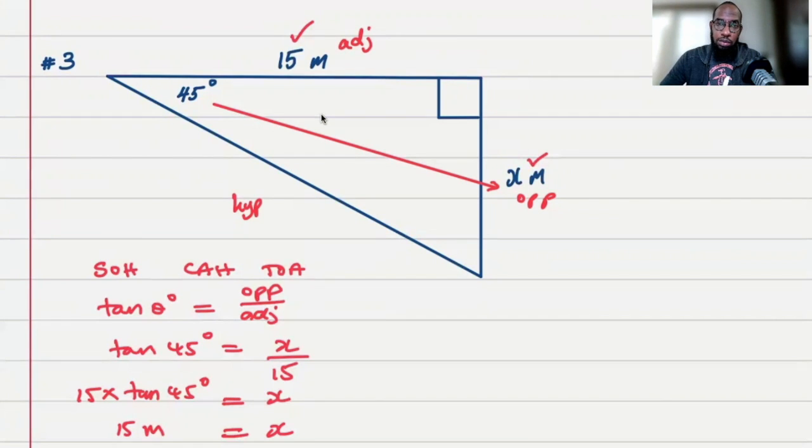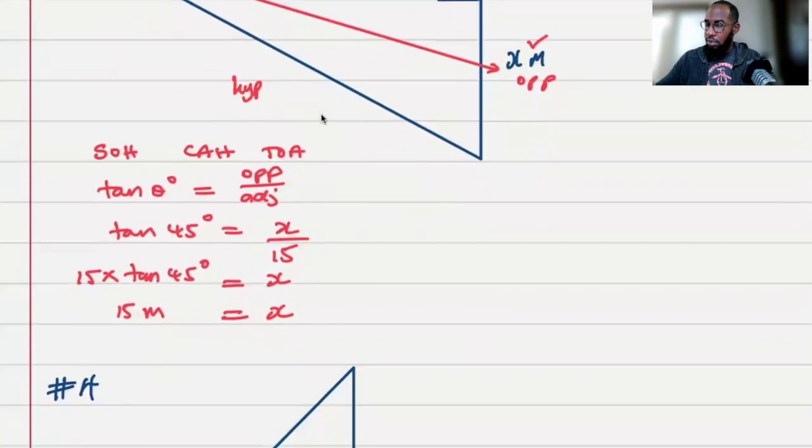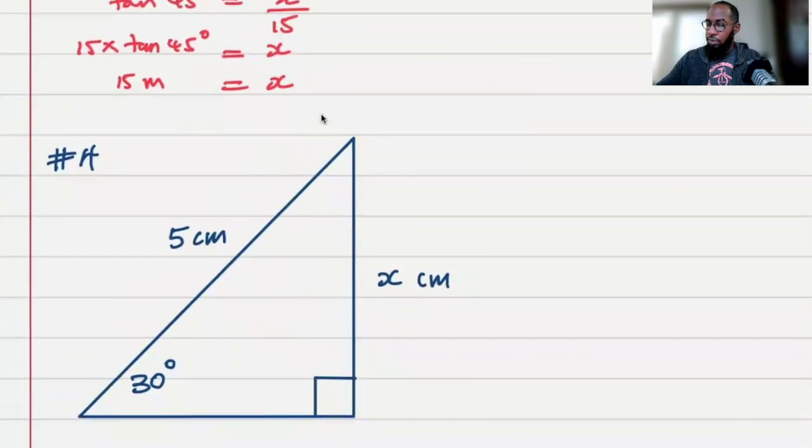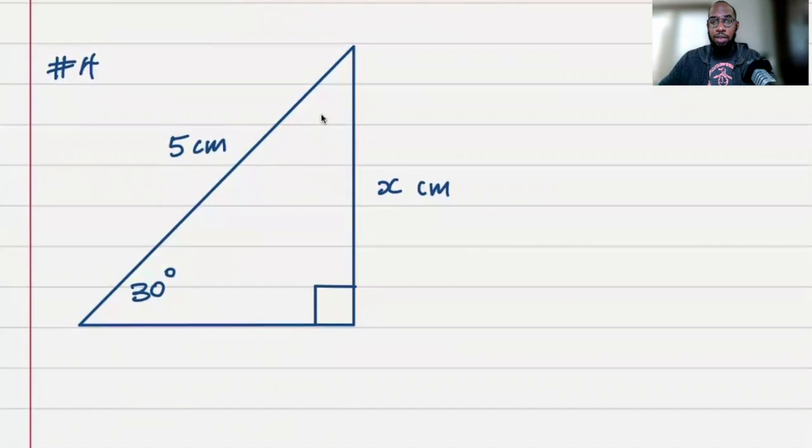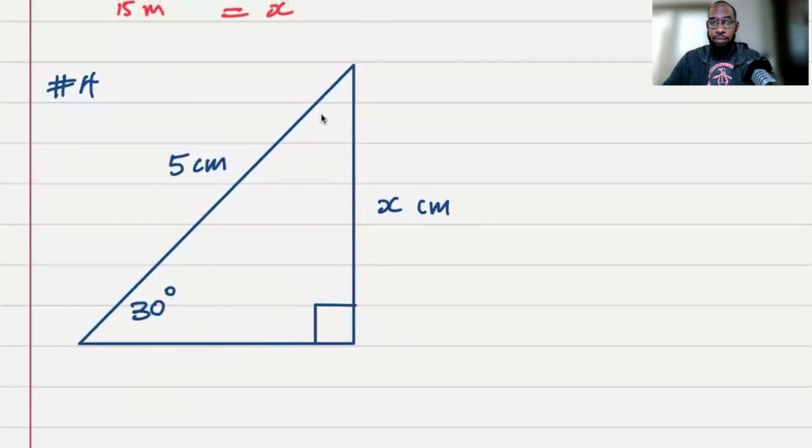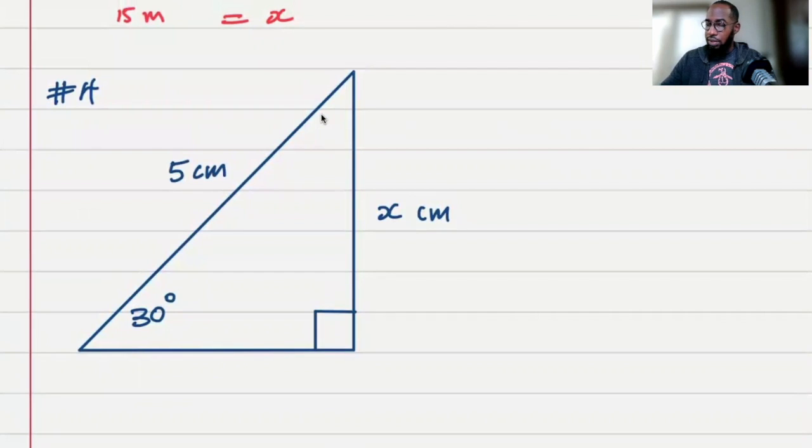So we did 1, 2, and 3, following the same pattern. It doesn't matter the orientation of the triangle, we are following the same pattern. First, label the sides. 90 degrees, this is hypotenuse, opposite, adjacent.